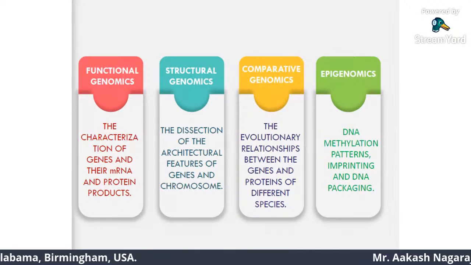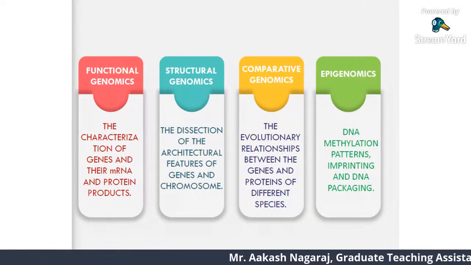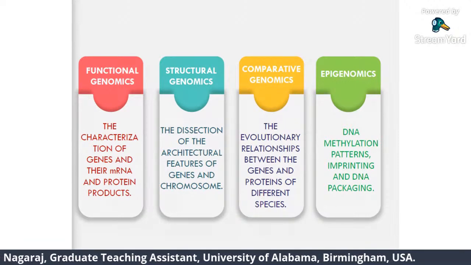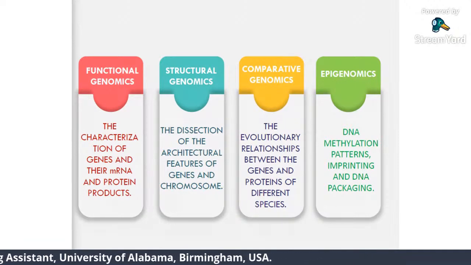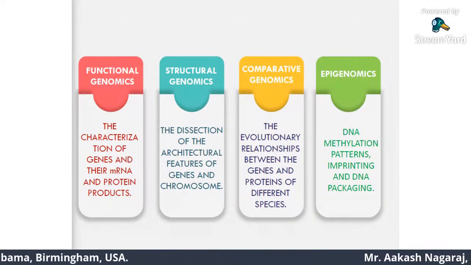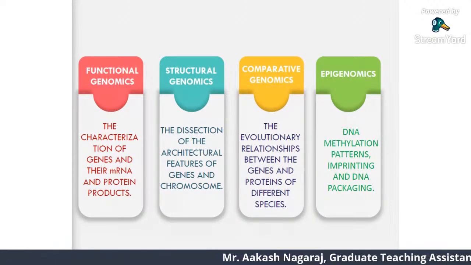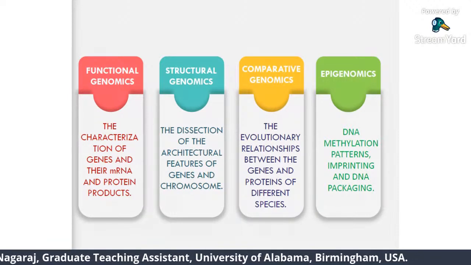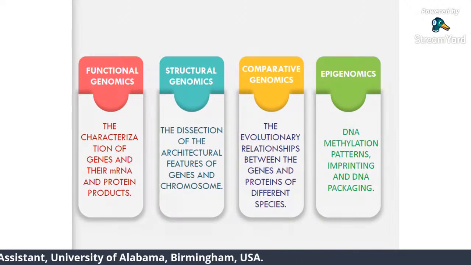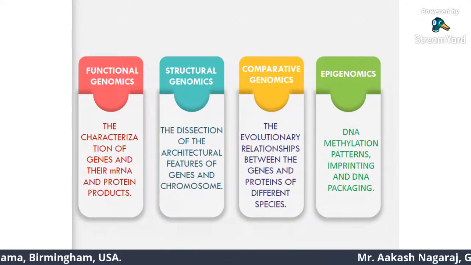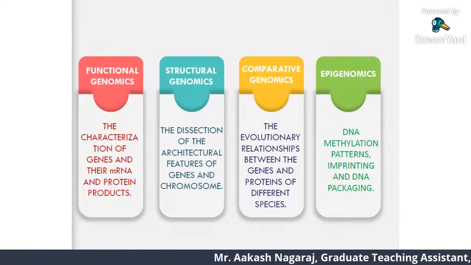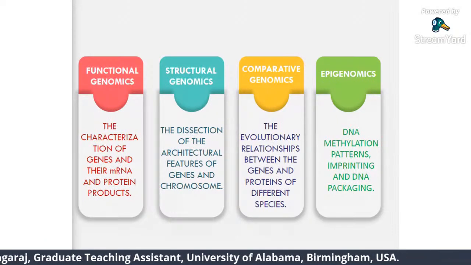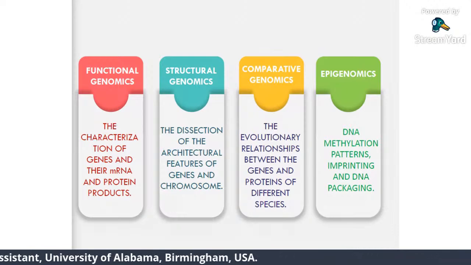And then the 4th subfield, epigenomics, studies the DNA methylation patterns, imprinting, and DNA packaging. So DNA methylation controls the activation and inactivation of many genes, and DNA packaging is how the entire genetic material is compressed into the nucleus, with the help of proteins known as histones, and that is also one subfield.